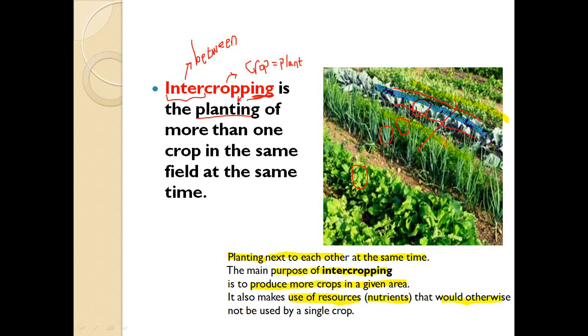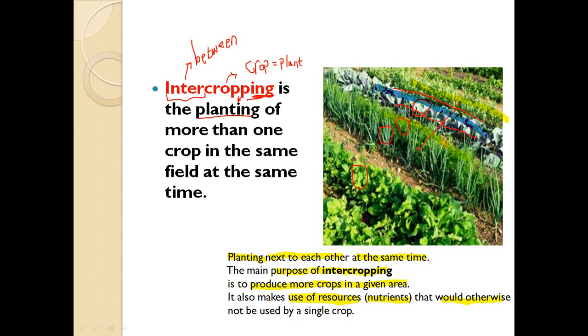If I put fertilizers in the soil and plant one crop only, there will be a lot of fertilizers in the soil that the one plant will not use, right? The plant will only take some of the fertilizers, but there will be extra fertilizers in the soil for only one single crop.